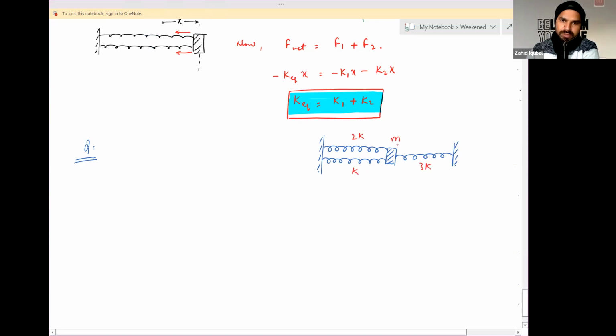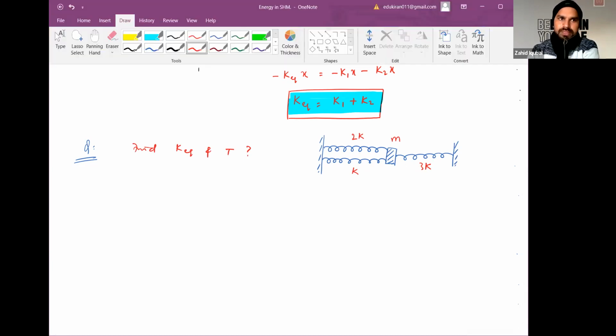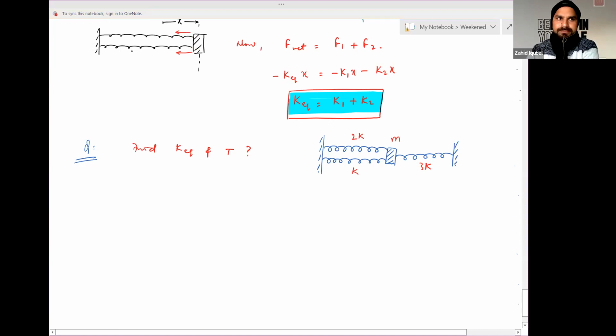Mass of this particular block is M. So find K equivalent and time period for this system. Try to solve using the last concept about series and parallel combination.